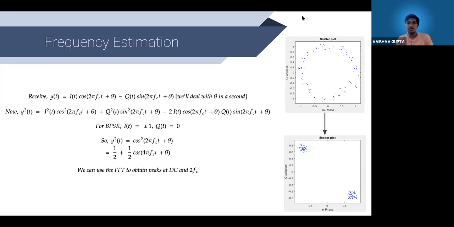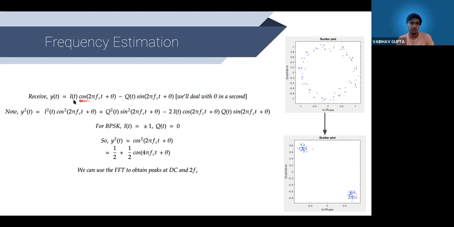If you think back to how we defined the quadrature modulation and demodulation, where we were multiplying by cosine 2 pi fct or sine 2 pi fct, if you have a delta fc term there, then with time your demodulated constellation rotates throughout this scatter plot. Which is why it's important to estimate the frequency on the receiver end as well.